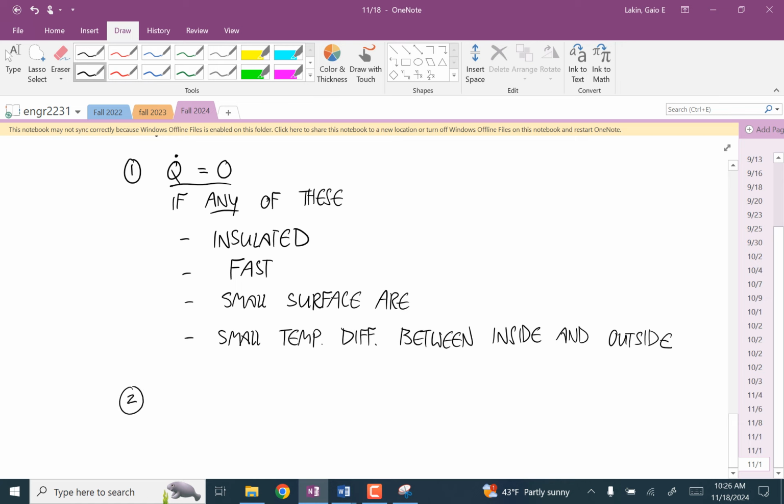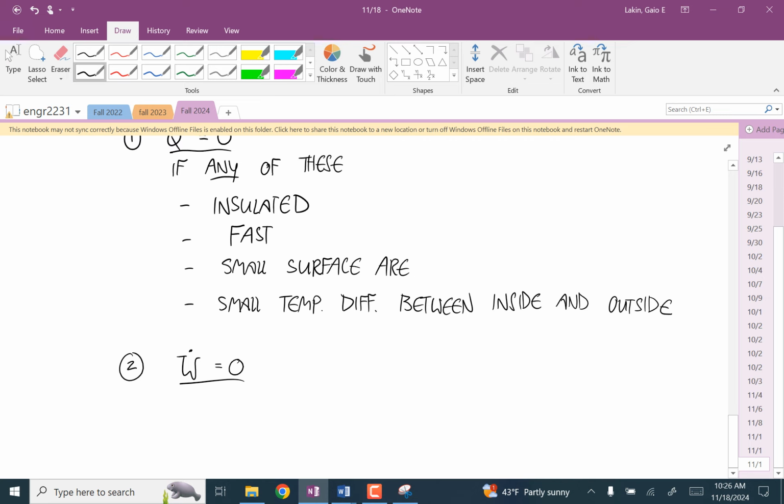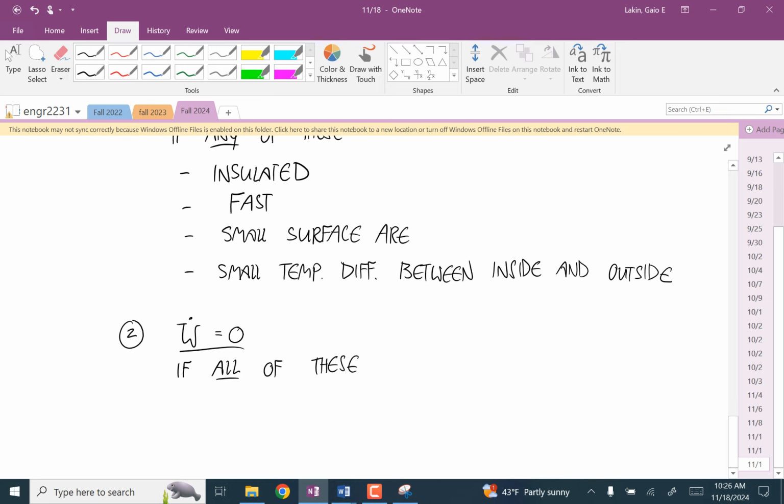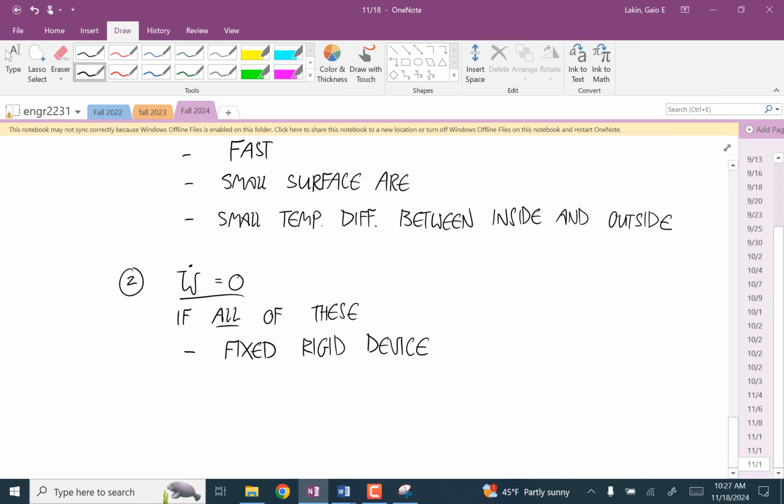And then the second one, though, is how do you know when W dot is equal to 0? For this, it has to be all of these hold. The first one is that it's a fixed, rigid container device. So what that does is it means that there's no work of expansion for the material.